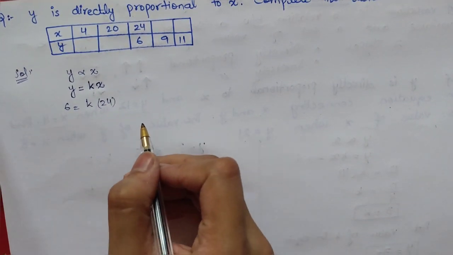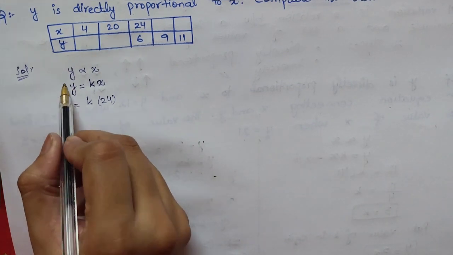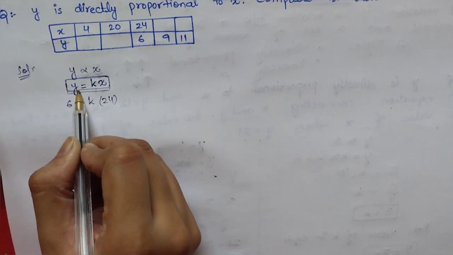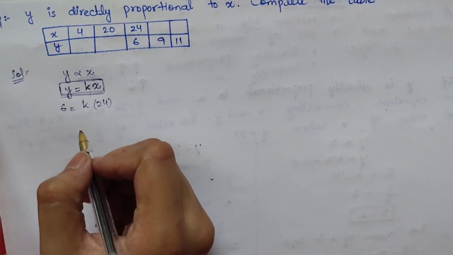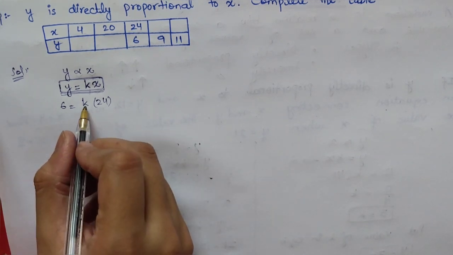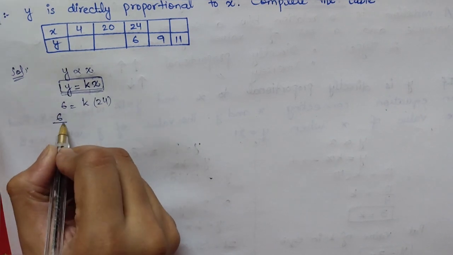We know that first we have to find the value of k, so we can use this equation for other questions, for other values, to find the other values. Okay, so first of all we are using both the values y and x which we are given to find the value of k. 24 is multiplying, so here it becomes 6 over 24.